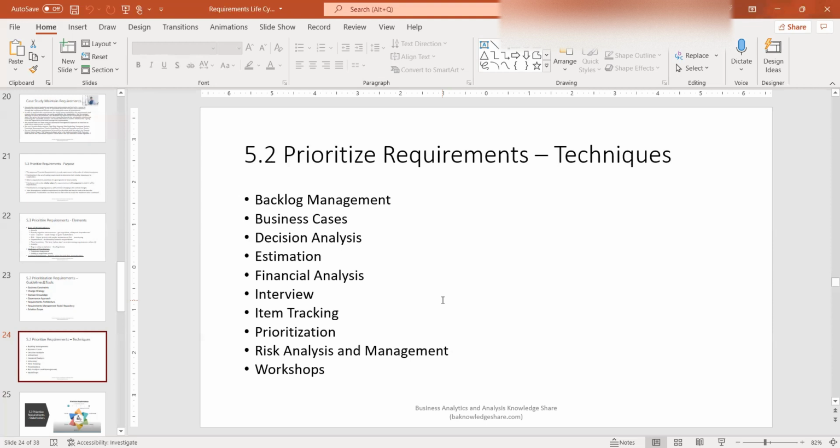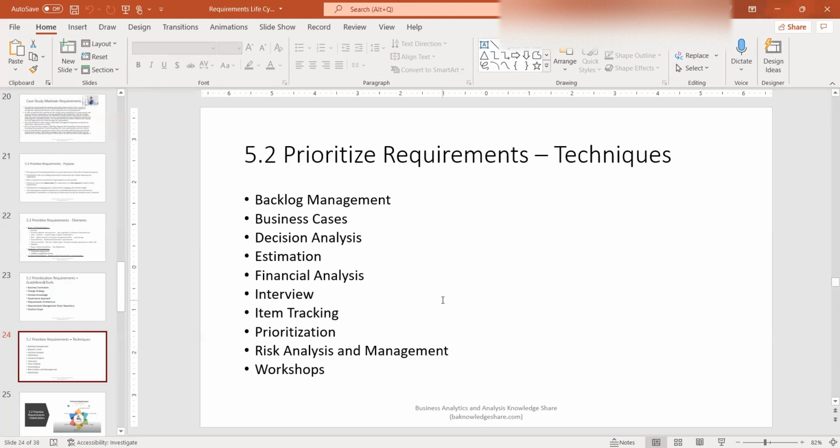Item tracking, used basically to track changes and what the statuses are. Prioritization is a technique; there are different techniques used in prioritization so that all these stakeholders come on the same page. We have risk analysis and management, an important tool to understand, if you're implementing this, what the risks are associated with implementing this new requirement.